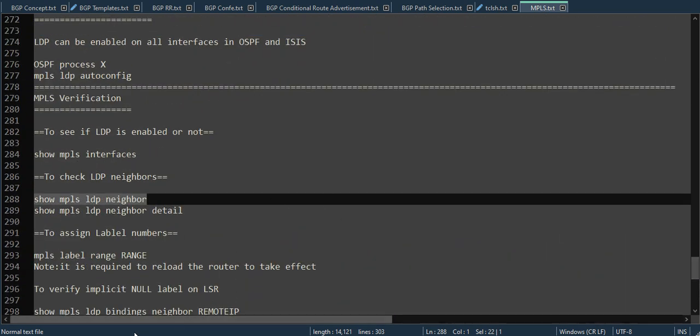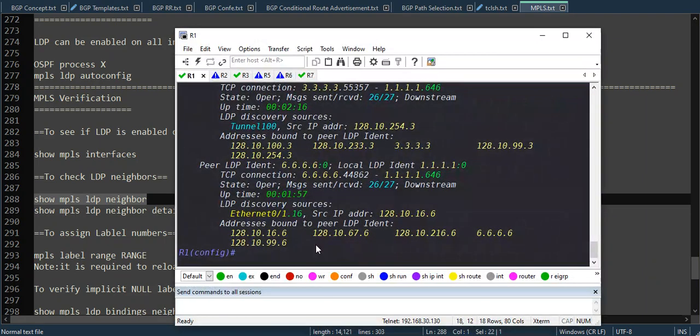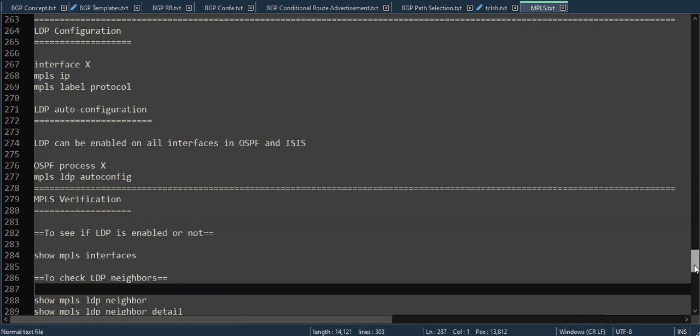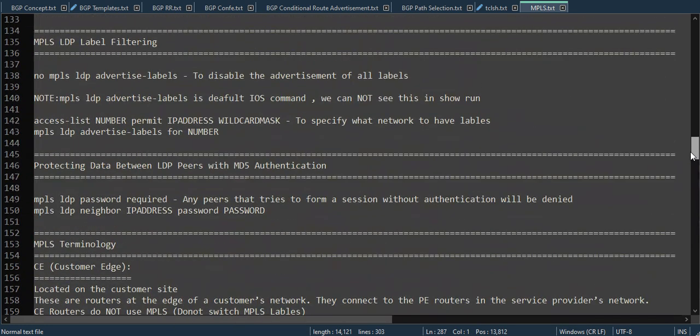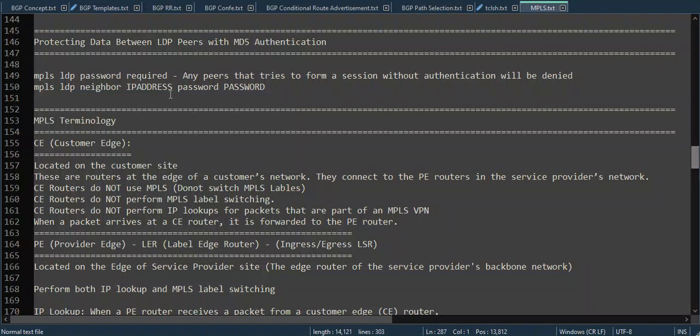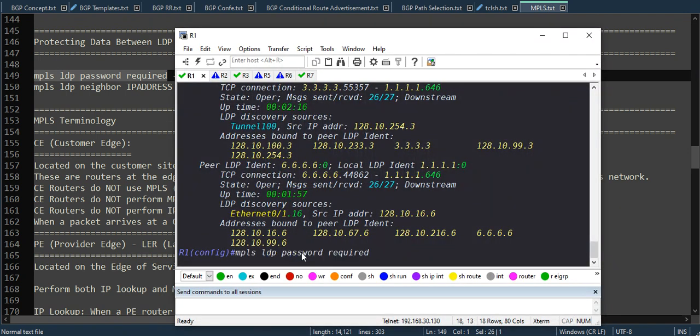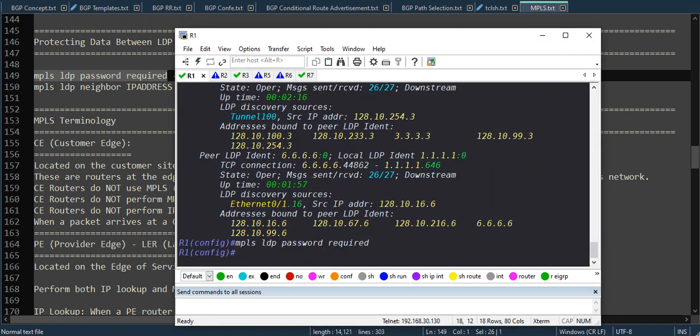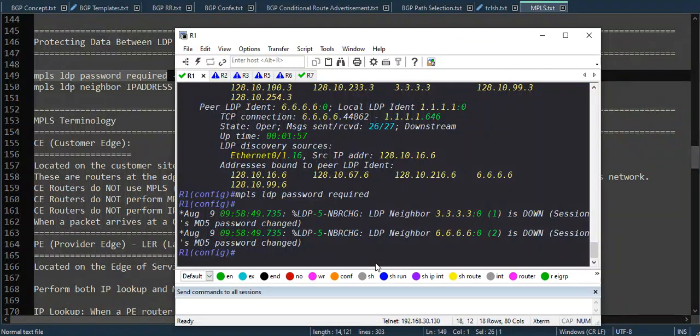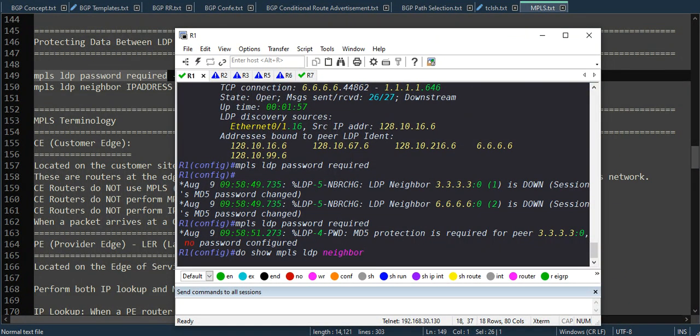Okay, now come for authentication. And proceed with password required. Now labels are done. Show me the interface.